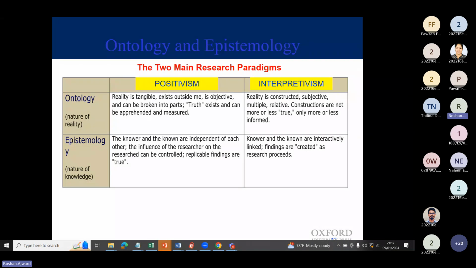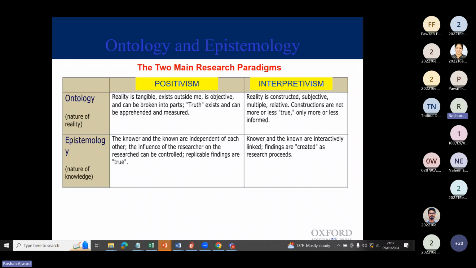But positivistic researchers, like scientists, say no, reality is objective. There's one reality, and you have to test that in a scientific research. The researcher and the research are independent.